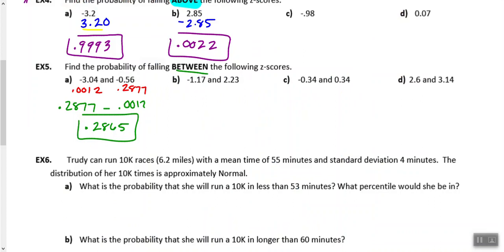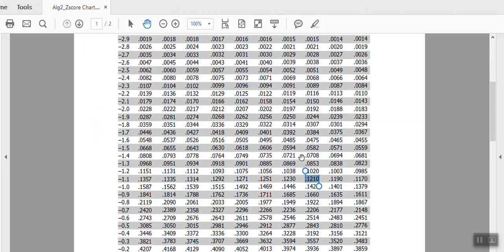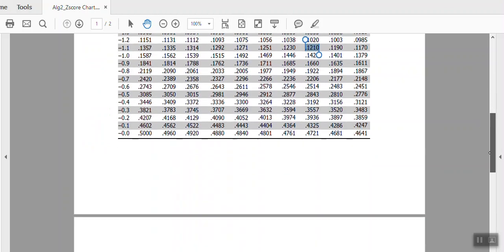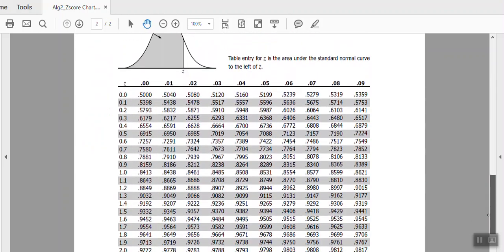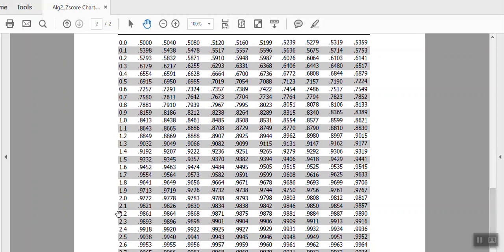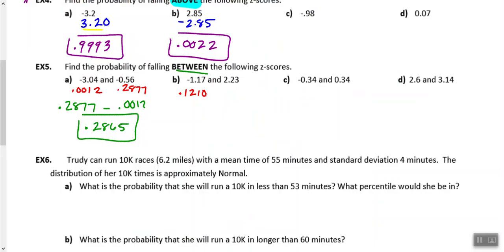So we got 0.1210. Do the same for the 2.23. So I'm going to look up 2.2 and then go over to the 3, and I get 0.9871.